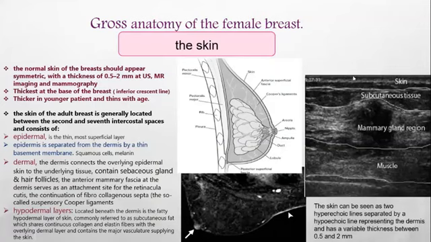It appears as echogenic lines here, and it is separated from the dermis by a thin basement membrane. This is the dermal layer, and this is the basement membrane. Below the dermal layer is the hypodermis, which is the subcutaneous tissue.